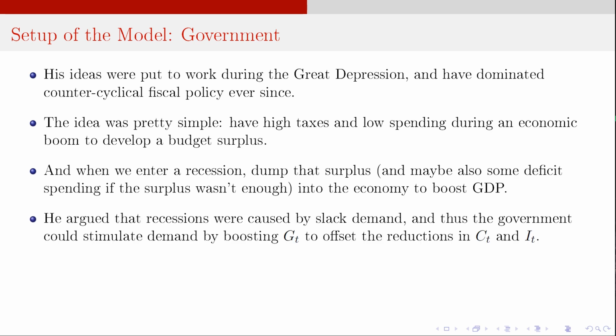He argued that recessions were caused by slack demand, so recessions were demand side rather than supply side. So it's a very different view than what the RBC model suggests, because the RBC model, remember, said that recessions were all supply side. Now, he's arguing that the origin of certain shocks that would drive us into a recession could be demand side. Where's the real truth?